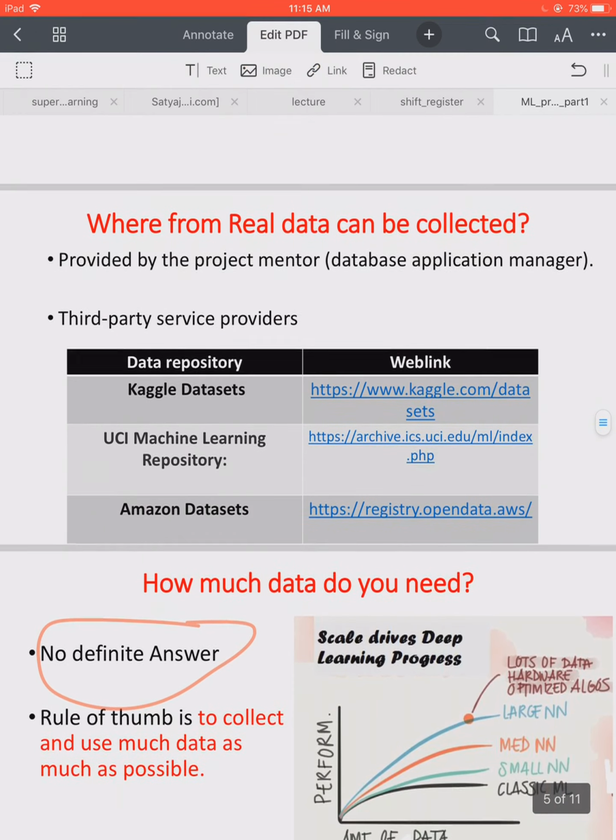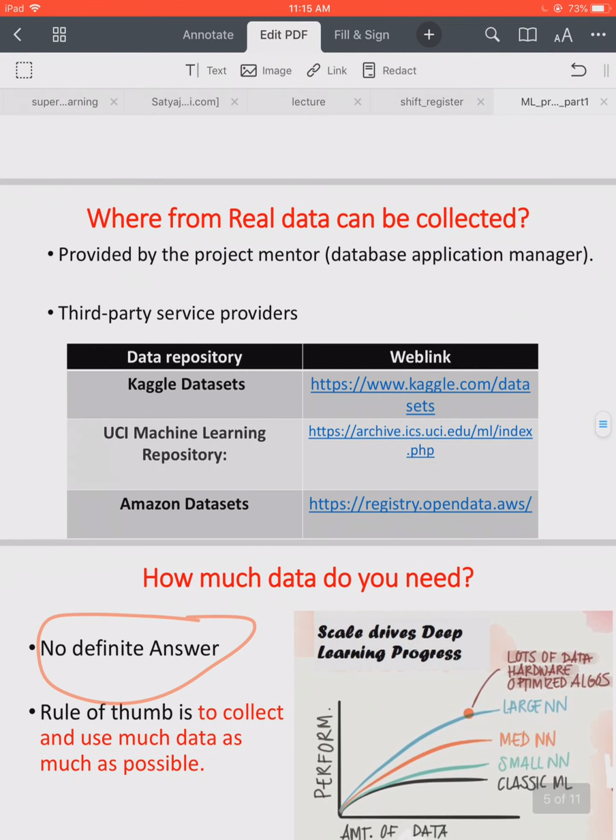Where can the real data be collected from? It is required that you deal with real data rather than artificial data sets. Usually the data is provided by your project mentor or a database application manager, but another option is a third party service provider. We also have so many open data sets ranging across different domains, and here are some places you can look to get data.